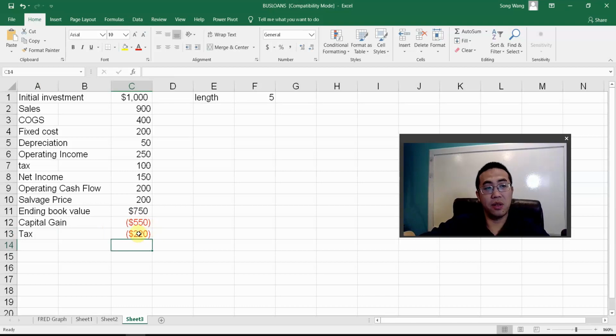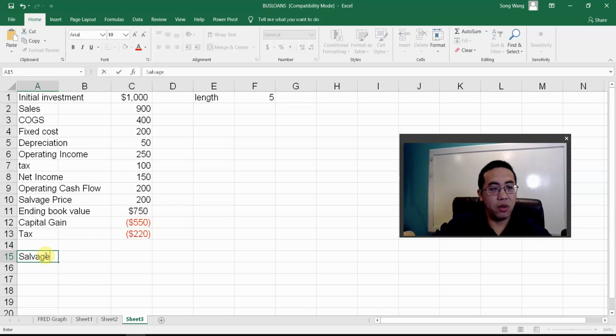I'm not paying that tax, but still I will deduct this tax. So what will be my salvage cash flow? It equals the salvage price I receive, and then I receive this tax credit for the capital loss. This is called tax on capital gain.